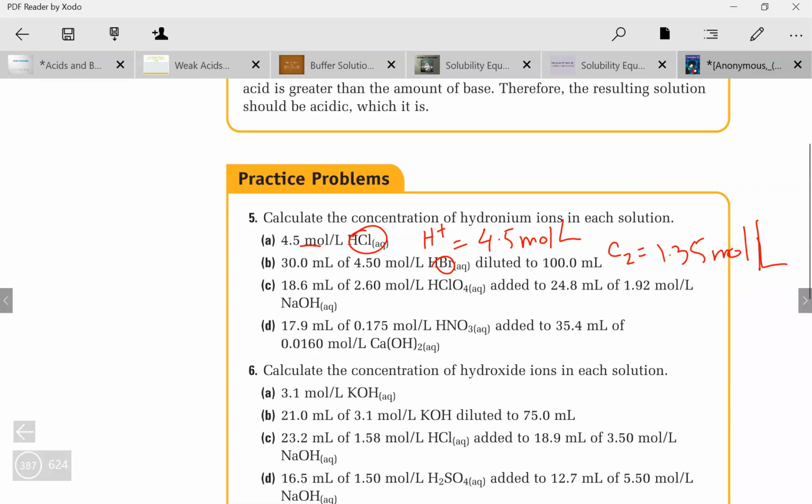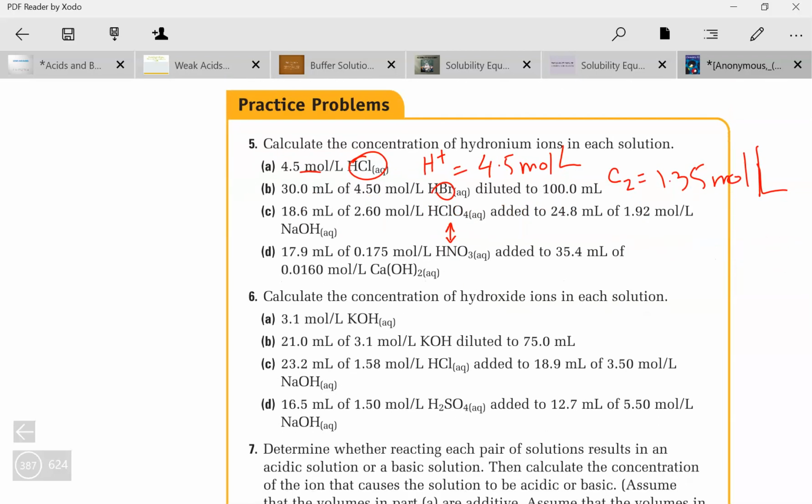So these two appear to be neutralization questions, so you have to approach this in a very similar manner to the example that we did in class. Calculate hydroxide ions. So this is a strong base, so OH minus concentration is the same, 3.1 moles per liter.